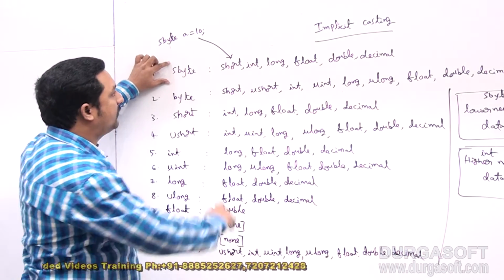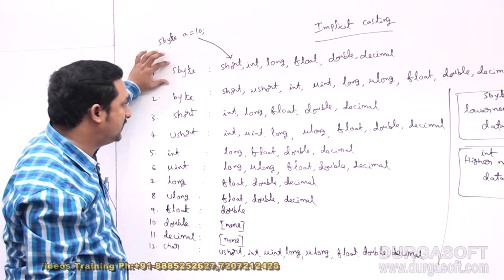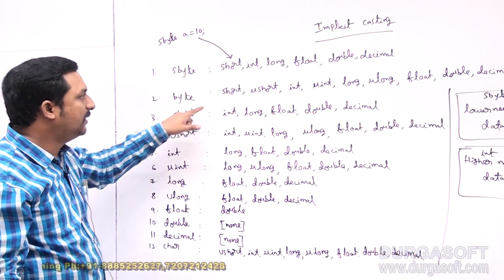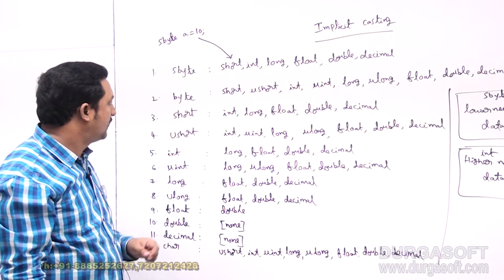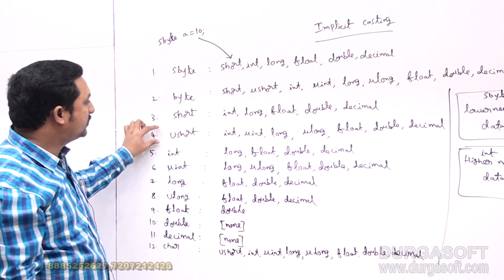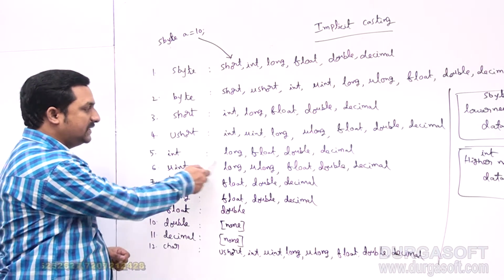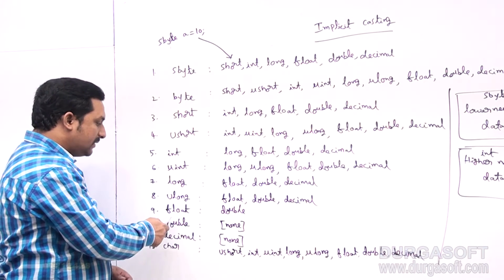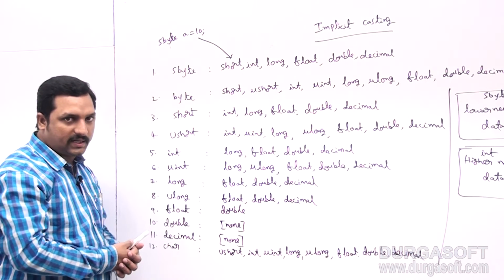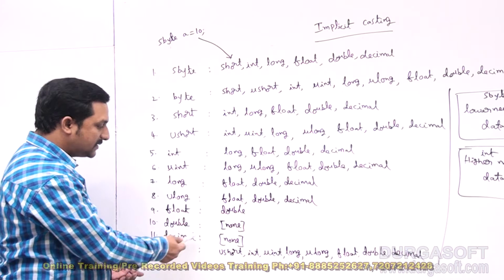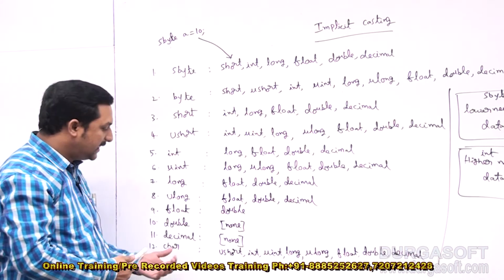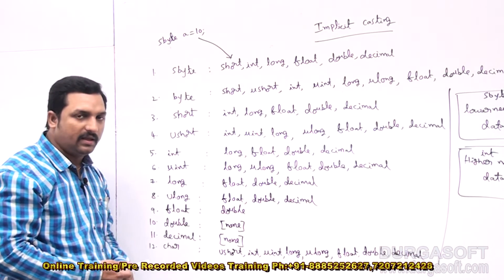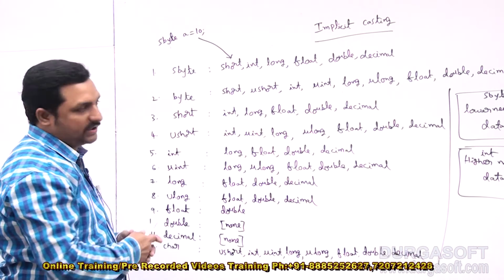From this, any of these is possible. In exactly the same manner, we can check the remaining. Byte can be converted into all these data types, short into these data types, U short into these, int, U int, long, U long, all of these. But double cannot be converted into any other data type, and decimal also cannot be converted into any other data type. Char can be converted into almost any of the numerical data types. These are all possible conversions.